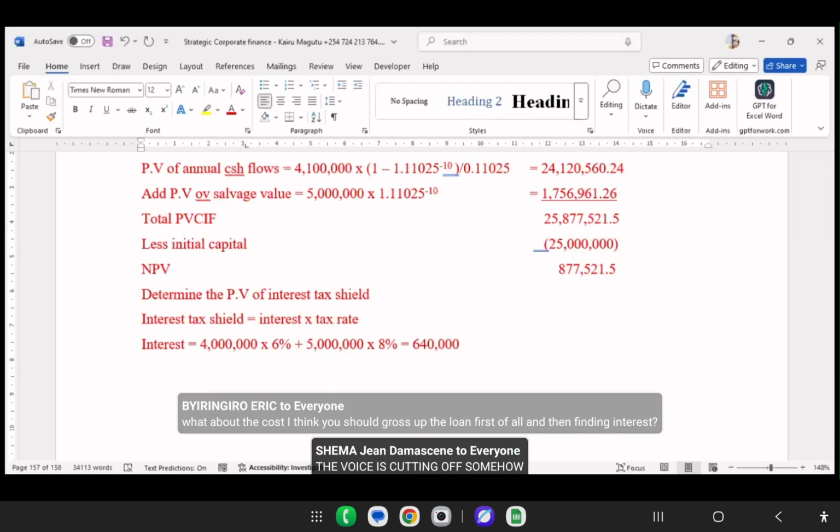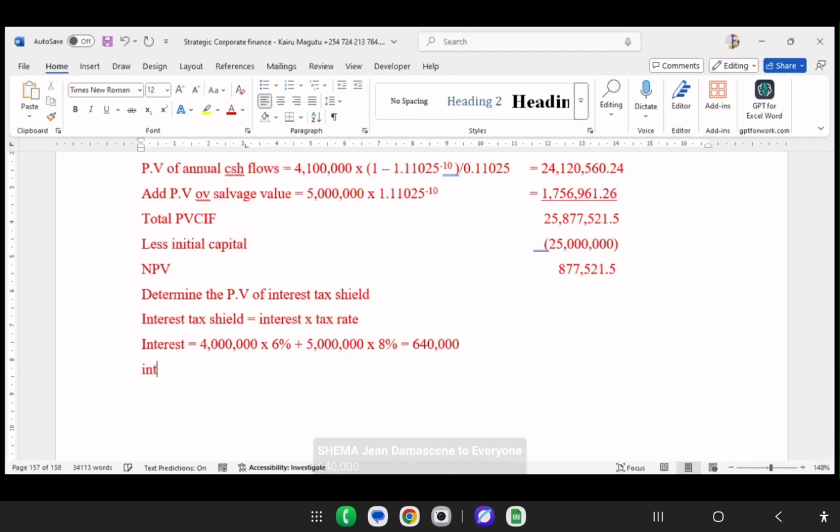Then we say the interest tax shield is equal to 640 times the tax rate. So how much is the interest tax shield, the interest tax benefit?